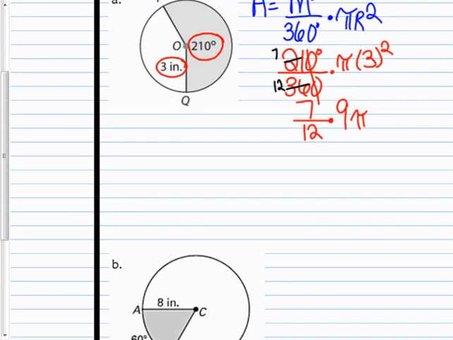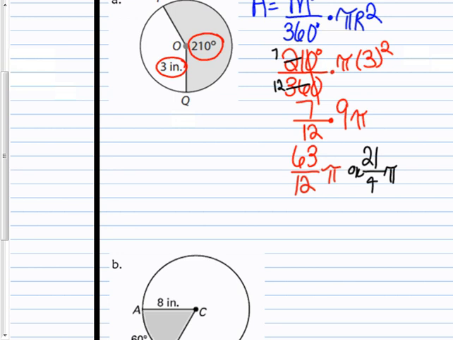So now, 9 times 7 is 63 over 12 pi. So this is one answer. 3 can go into 63 21 times, and into 12 4 times, so 21 divided by 4 pi.